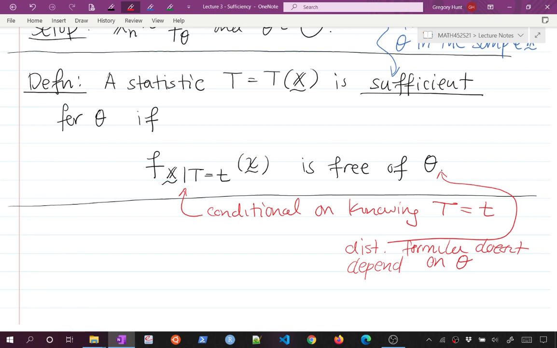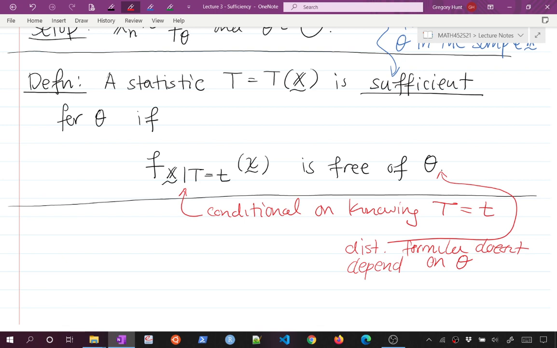But if I tell you what T is, there's nothing left in that distribution about theta. All of the information about theta has been excised out of the data, and you're left with something that tells you nothing about theta. Conditional on knowing T, there's nothing left in my data. That's what this statement is saying.